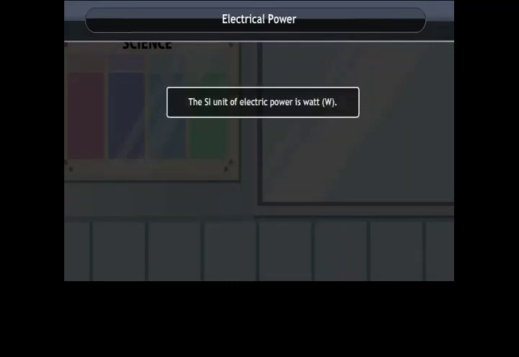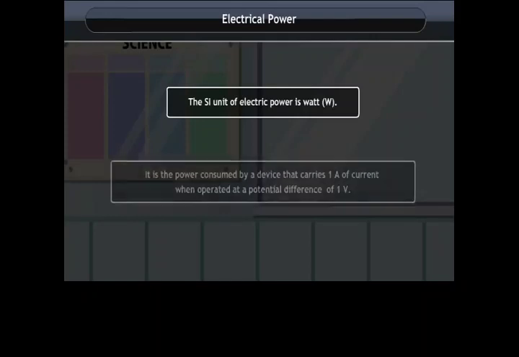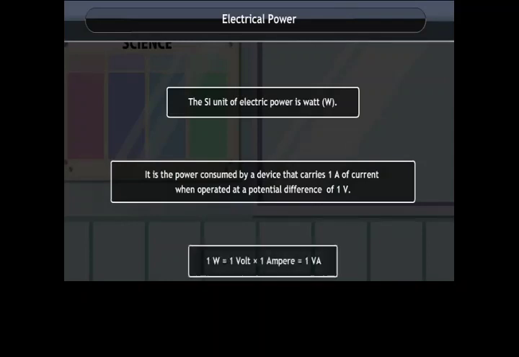The SI unit of electric power is watt or W. It is the power consumed by a device that carries 1 ampere of current when operated at a potential difference of 1 volt. Thus, 1 watt = 1 volt × 1 ampere = 1 VA.